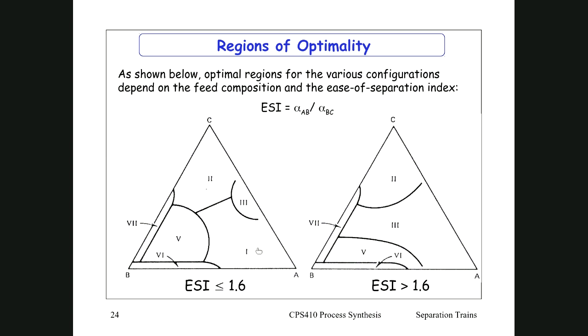That's all 75% A. This is 75% A with 25% B, and this is 75% A with 25% C. Okay, so you must just get it clear in your minds how to read these ternary diagrams, and then applying Tedder and Rudd's method is really straightforward.